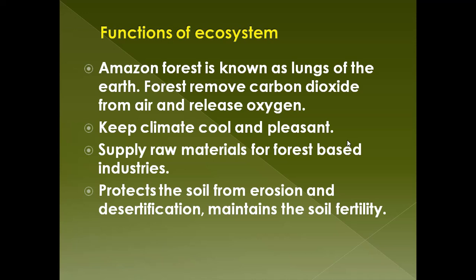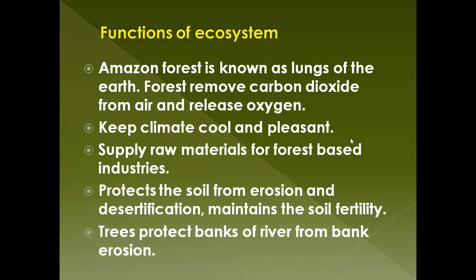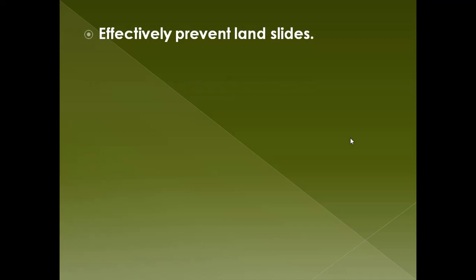Then forest ecosystems protect the soil from erosion and desertification, so maintaining soil fertility even. Then trees protect river banks from bank erosion. Then they effectively prevent landslides.